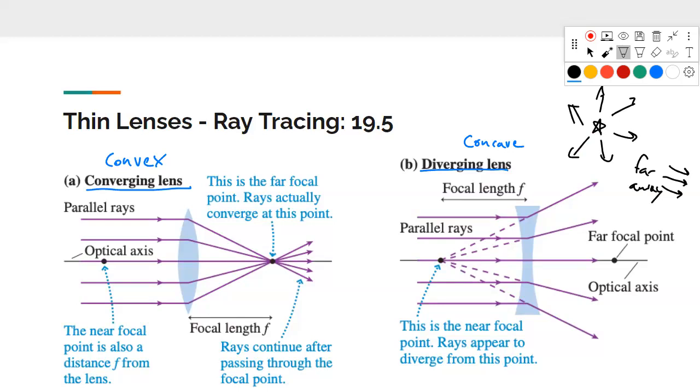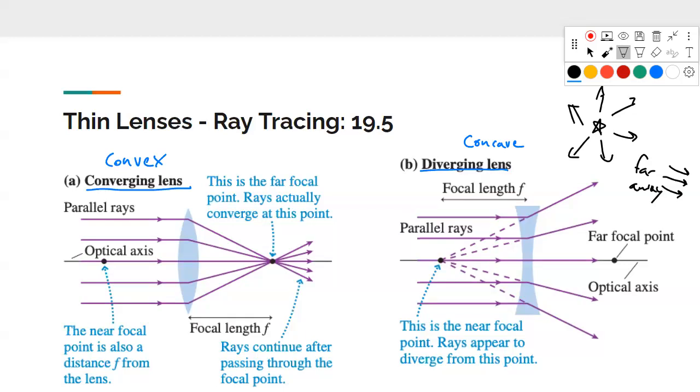Even for the lights in this room, by the time you're sitting down here in your seat, the lights are way up on the ceiling. That's enough time for the rays to be reasonably parallel by the time they reach you. It doesn't have to be too far, but a really great example is starlight, which is effectively infinitely far away, at least at the level of approximation we're doing here.